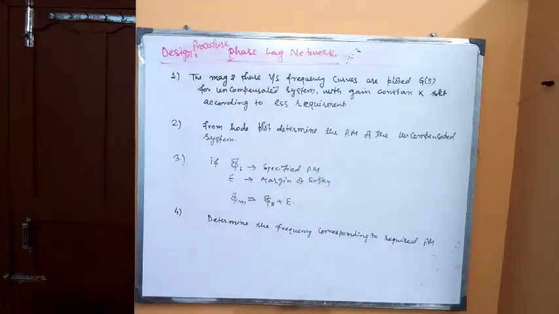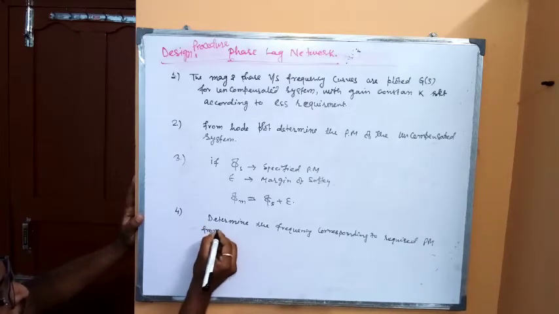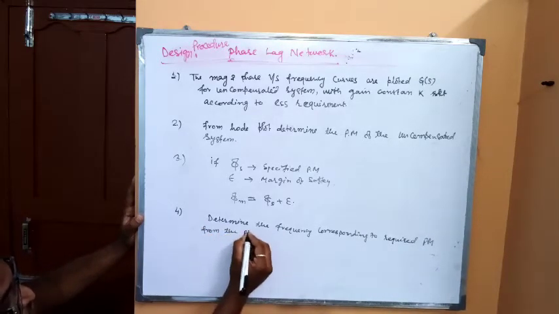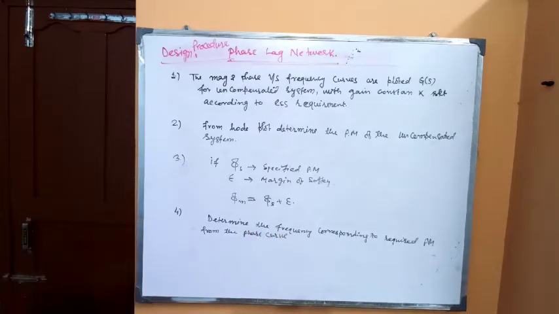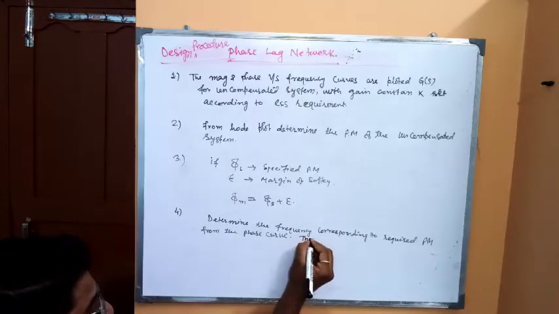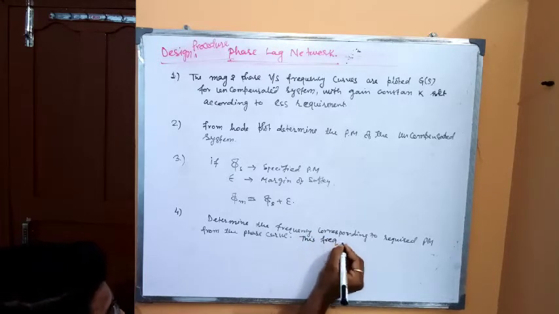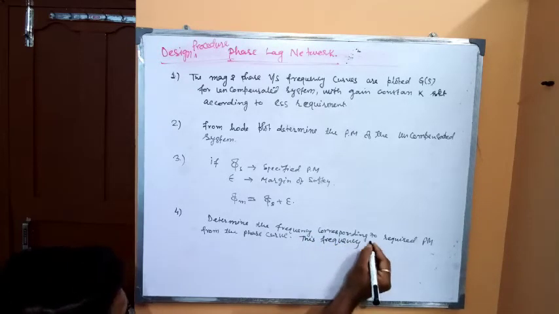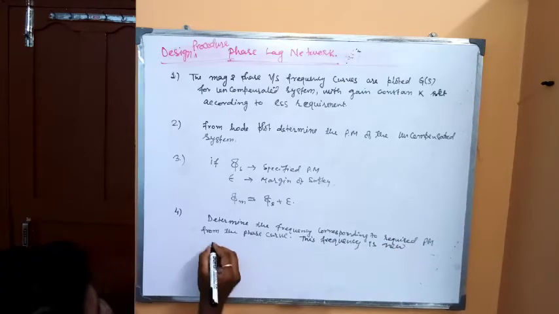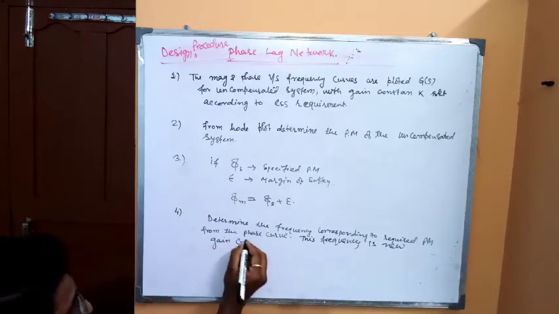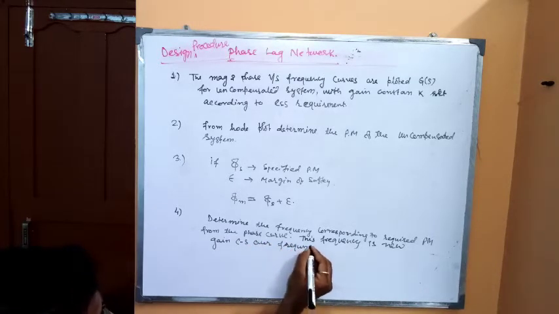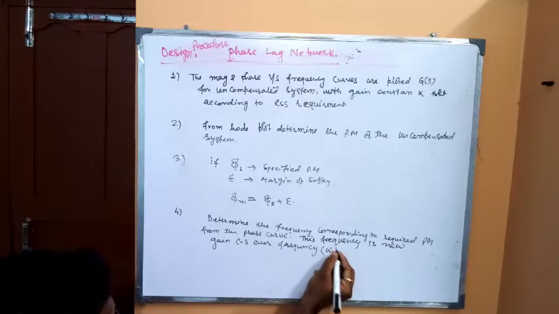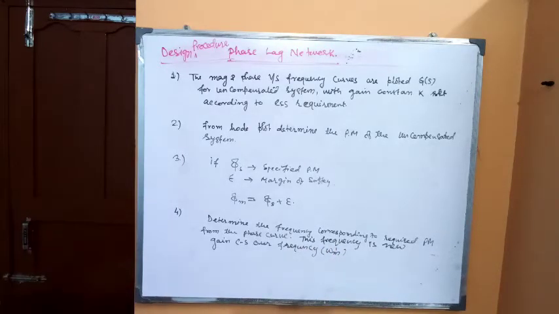This frequency is the new gain crossover frequency, omega m dash. So this is the fourth step.